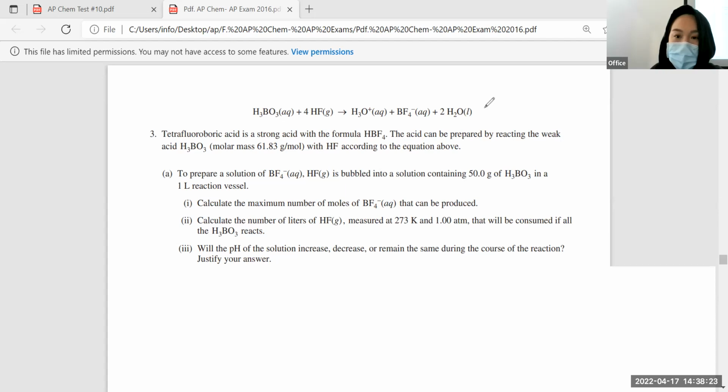Okay. Calculate the number of liters of HF measured at 273 Kelvin and 1 atmosphere that will be consumed if all the H3BO3 reacts.